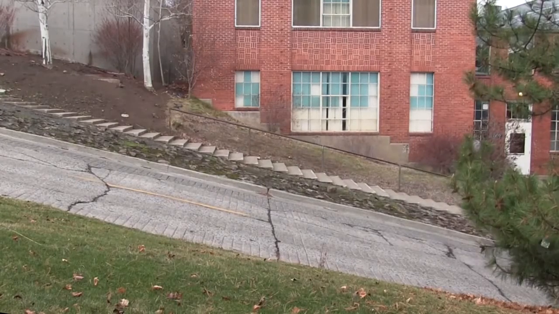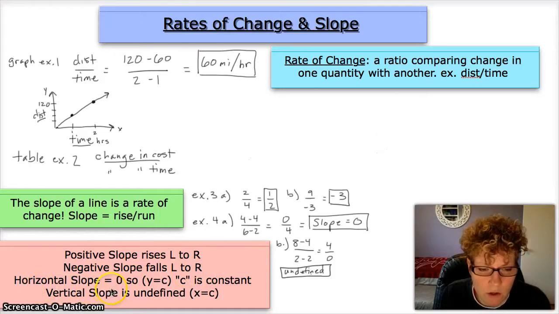If it is a horizontal slope, it is 0, and you would have y equals c, whatever the constant number is. And the vertical slope is called undefined. For example, for A, finding the rate of change of slope: 4 minus 4 over 6 minus 2 would give us 0 over 4, so the slope would be 0.